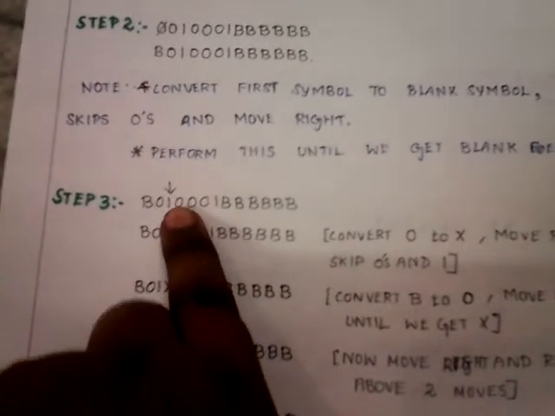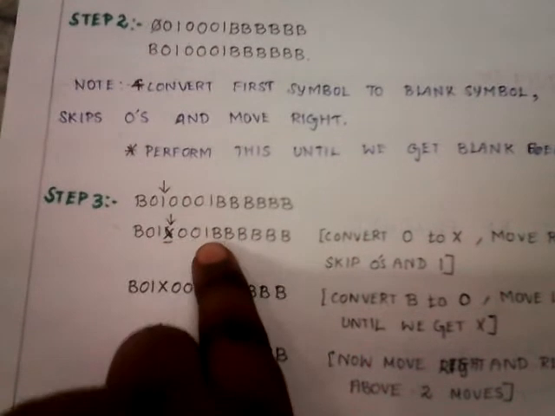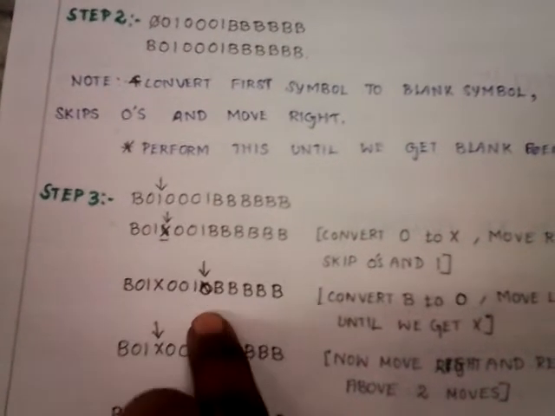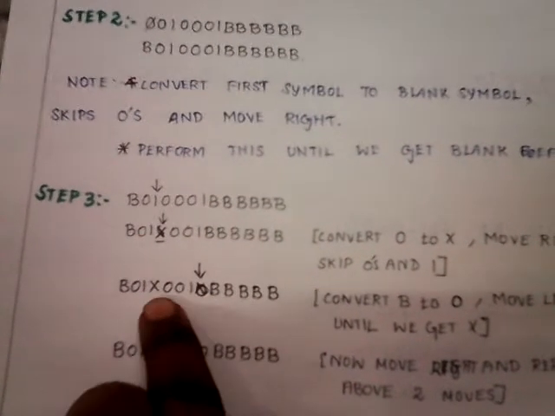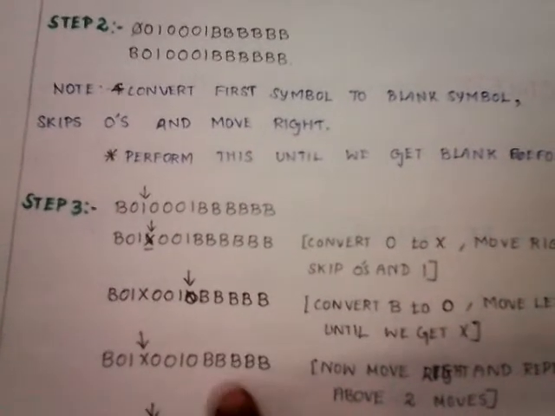In step 3, we convert this 0 into x and move on, and convert the first blank symbol into 0. Then move left, again convert this 0 into x, and convert the blank symbol into 0.